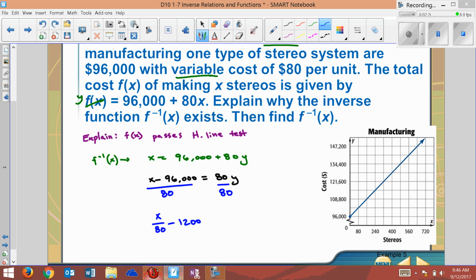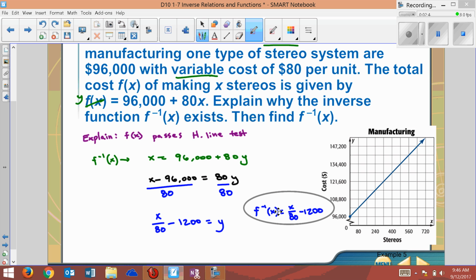I think it's 1,200. Let me go back. Yeah, 1,200. And all that would equal y. So you could rewrite the inverse as x over 80 minus 1,200. There's your inverse. Now, that's just part A. We've got 3 more parts with this. So let's look at part B.